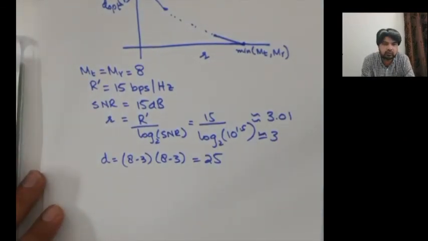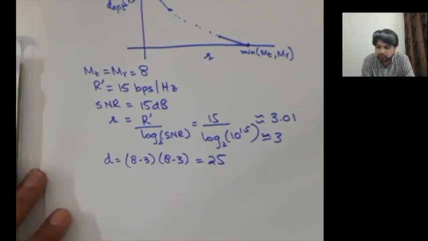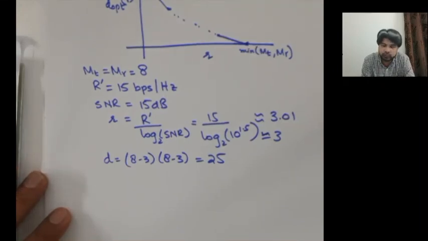So your diversity order would be 25. That means you would have 25 independently fading multipaths available, which can improve your diversity gain or improve the slope of the bit error rate curves. And the number of dimensions that is required for achieving the target throughput would be equal to 3.